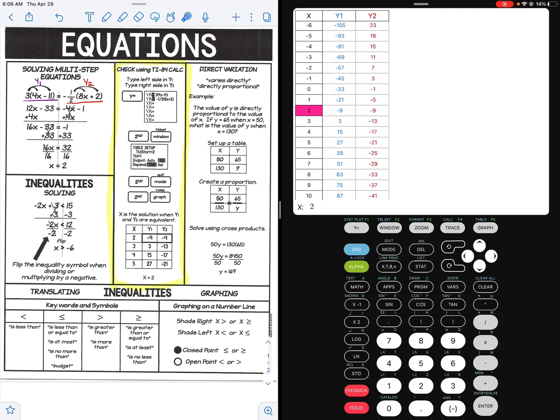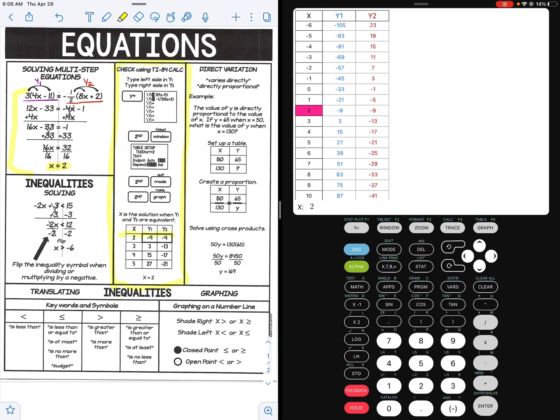So if we jump down to when x is 2, we see y1 and y2 have the same output, which is negative 9, which means they're equal. Since they're equal, we can say that x equals 2 is our answer, which, if we look over here, was our answer when we solved it algebraically as well.